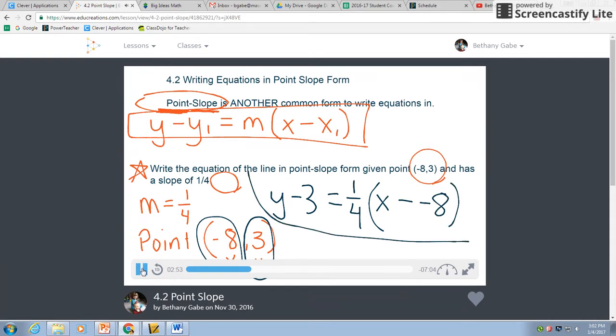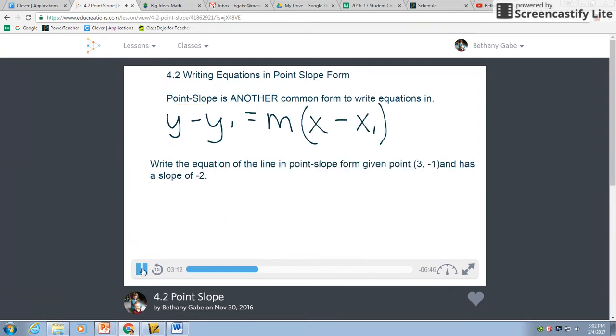So this is your equation in point-slope form. I would do a bit of simplifying, and I would simplify this into plus positive, which really we could just rewrite as x plus 8. But this is literally all you do, is you take the information given and you put it into the correct spots.